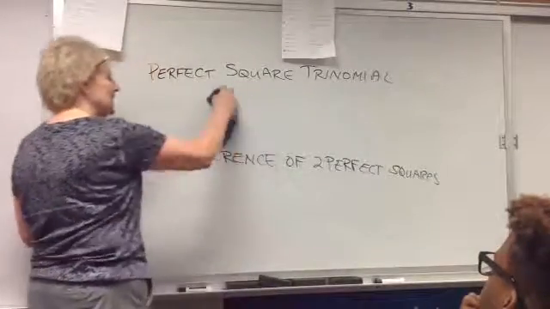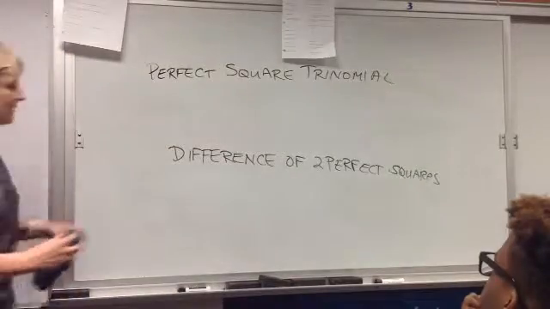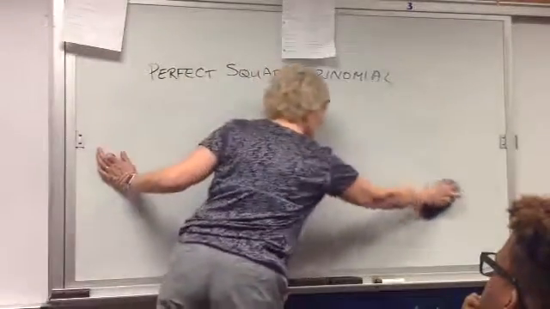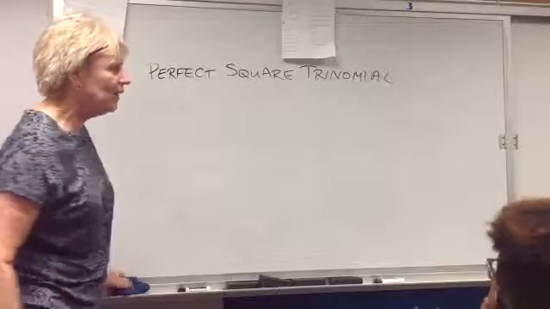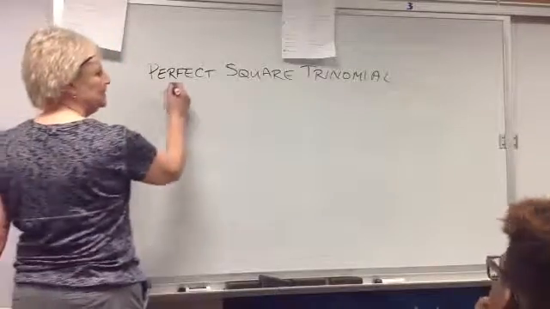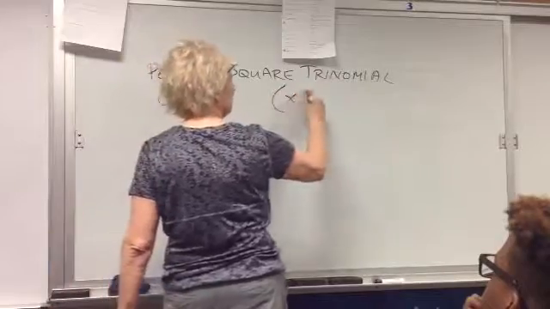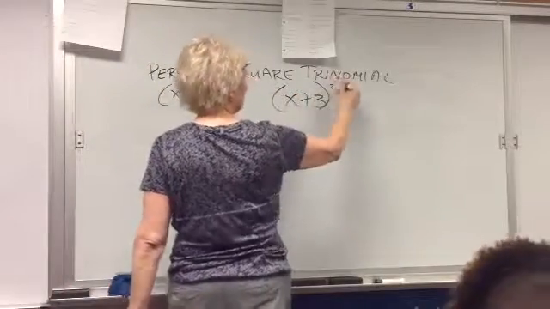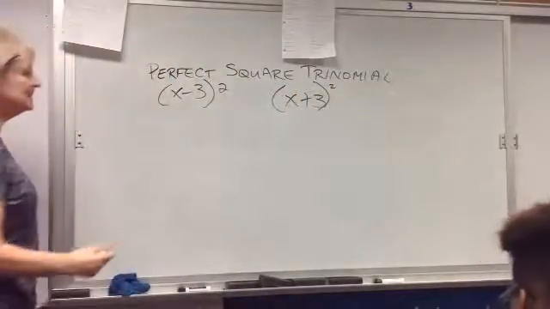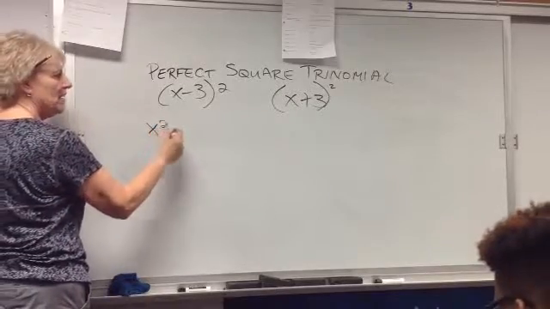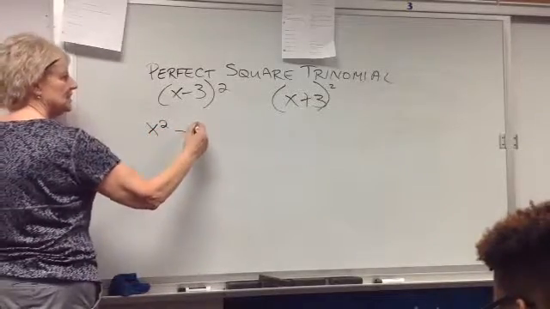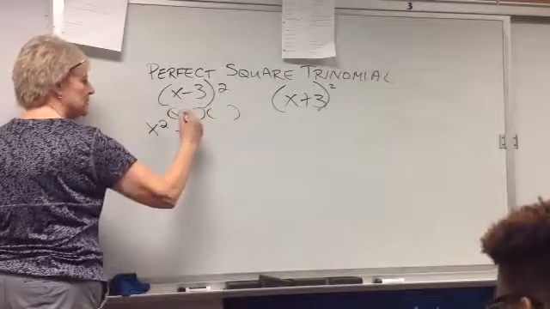Now this is something that kids struggle with because they don't notice it. But I'm going to show you two perfect square trinomials because that was number 2 and number 3. One of them is with plus, and one of them is minus. You wrote it like this, I hope.